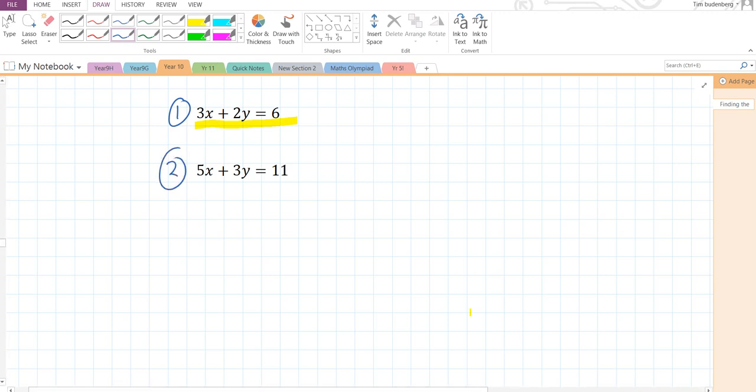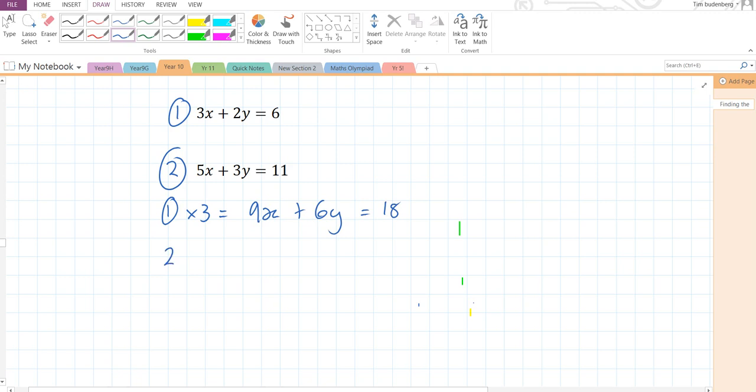Once again, I'm going to try and eliminate y. So wouldn't it be nice if both of those were 6y terms? And that's what I'm going to aim for. So I want to multiply equation 1 by 3, and that will give me 9x plus 6y is equal to 18.